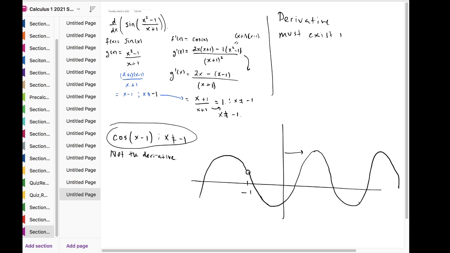Sorry, it's the opposite of that. Derivative cannot exist if the function does not exist.